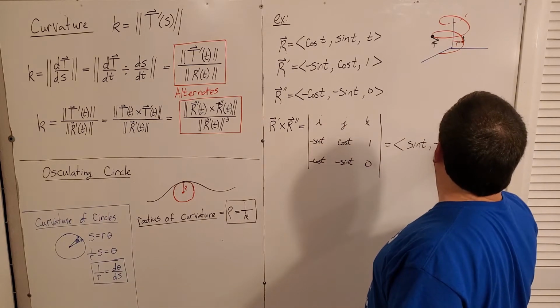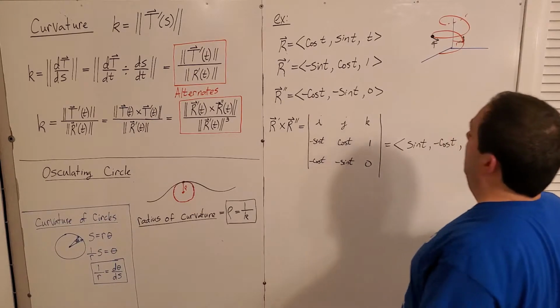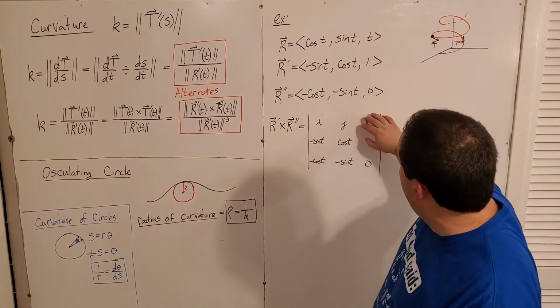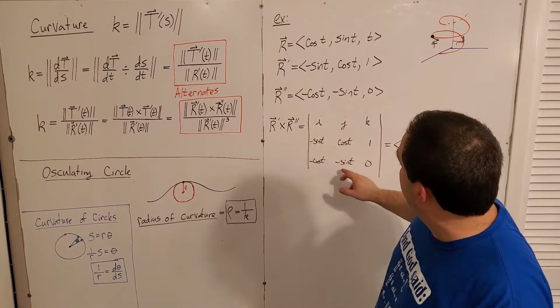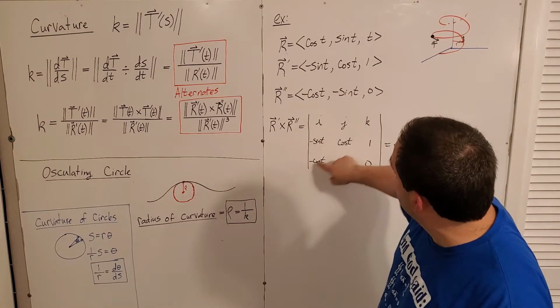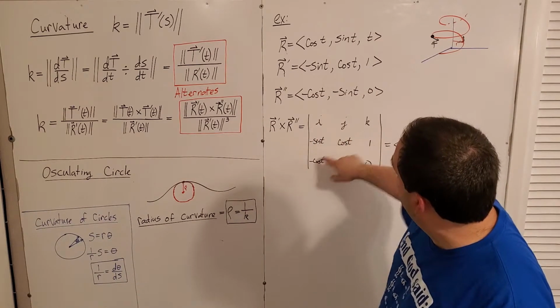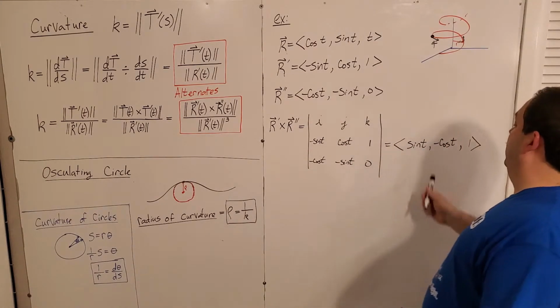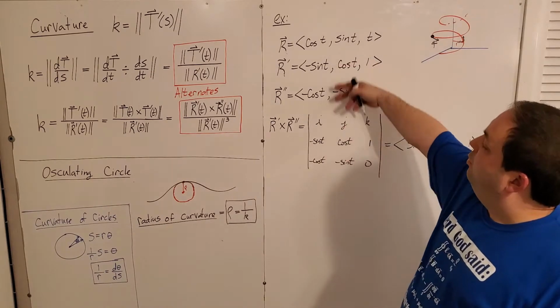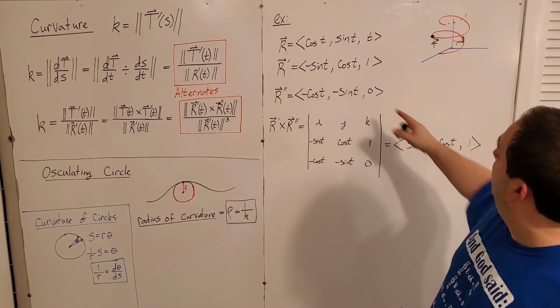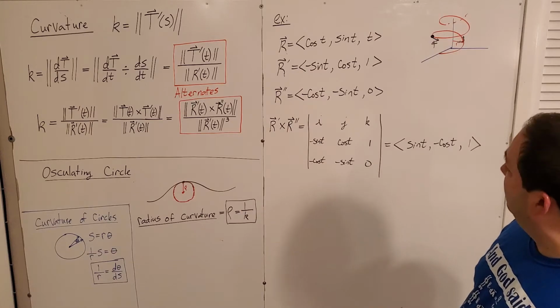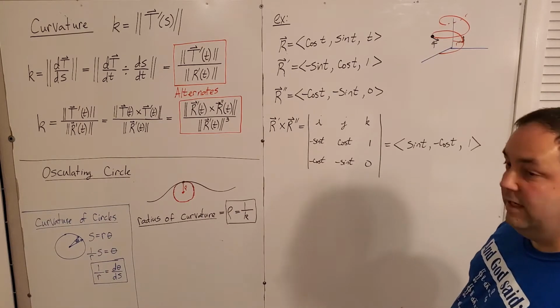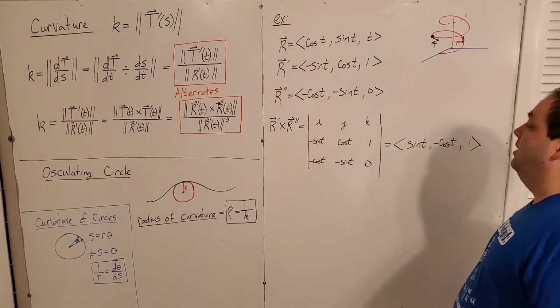So negative cosine t. And then for the k, I've got sine squared minus negative cosine squared. So sine squared plus cosine squared is 1, right? And don't forget, this is a vector that should be perpendicular to both of those, right? You can go back and do the dot product and you'll definitely see that it is. It gives 0 through both of those dot products.